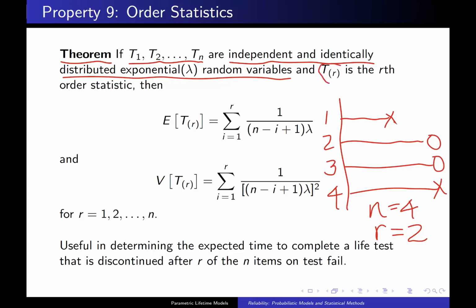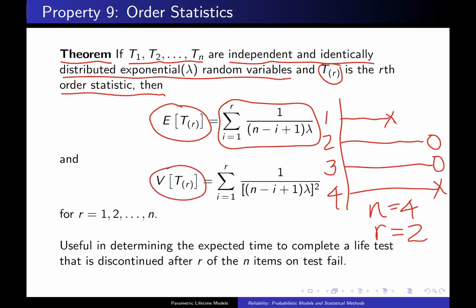And if T sub r is the time of the rth failure, and that is the rth order statistic, then the expected time to complete the test is given by this summation, and the variance of the time to complete the test is given by this summation for r equals 1 to n.